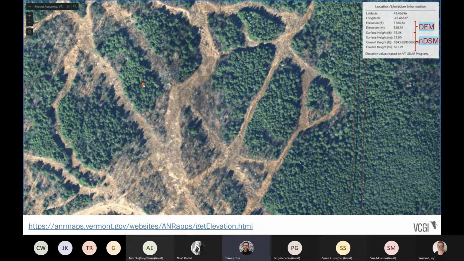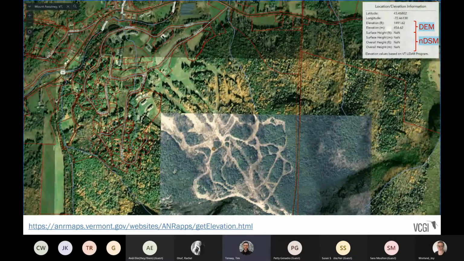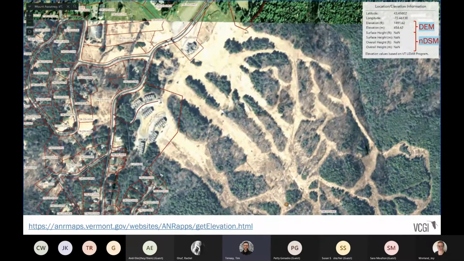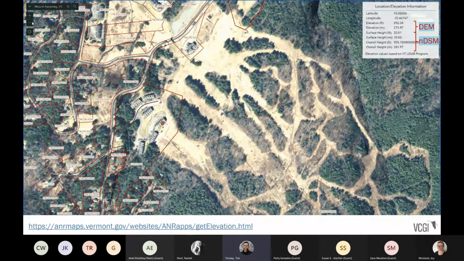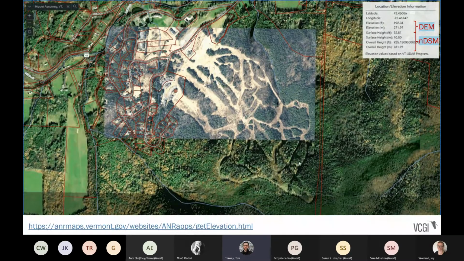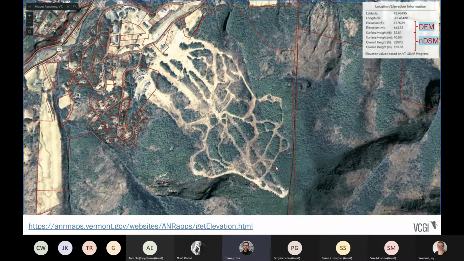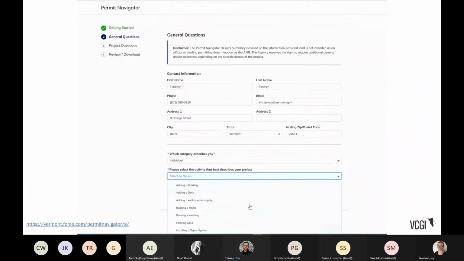So just super cool, simple use. What's My Elevation? Just click a point in the map and get both the bare earth as well as a good estimate of how tall that tree was at the time that the LiDAR data was made available. So another very focused theme application utilizing the latest, greatest LiDAR data.